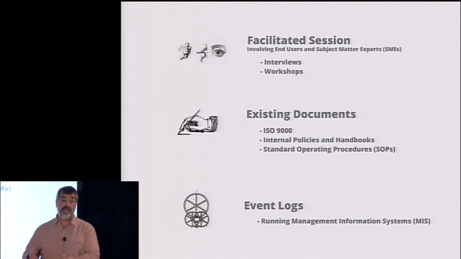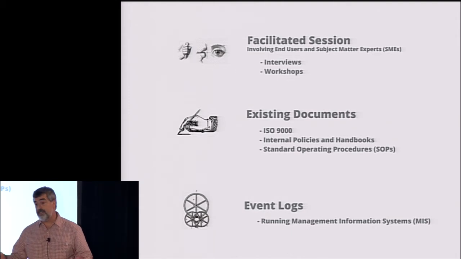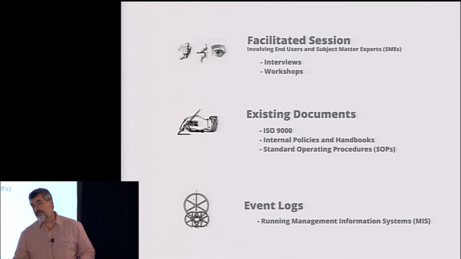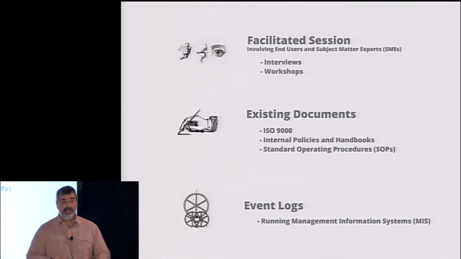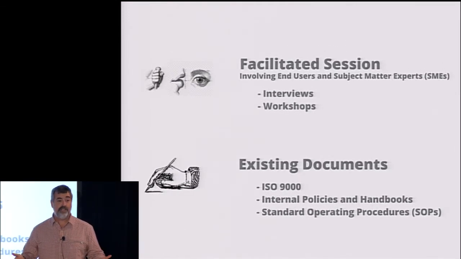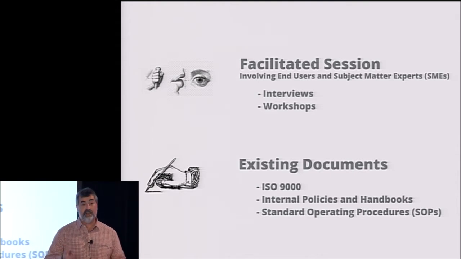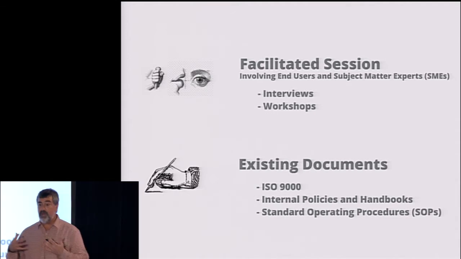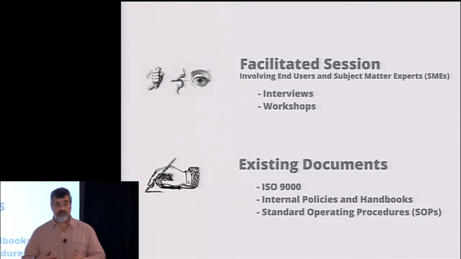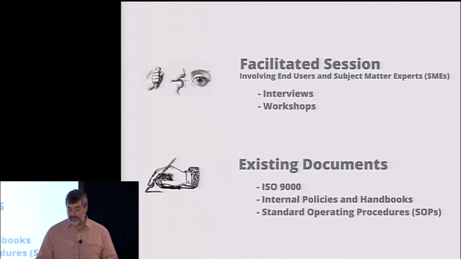And then we have the event logs that exist in the management information system, and for that, you have DISCO. Vote for DISCO. But the traditional way has been facilitated sessions and existing documentation, and there's not much tooling to help us do that. It's usually done by the expert, and they're not really well supported.